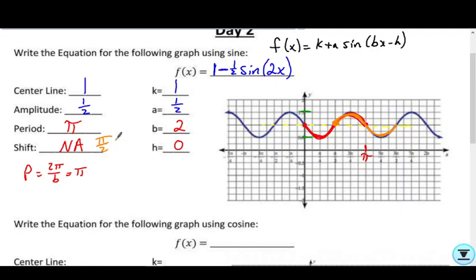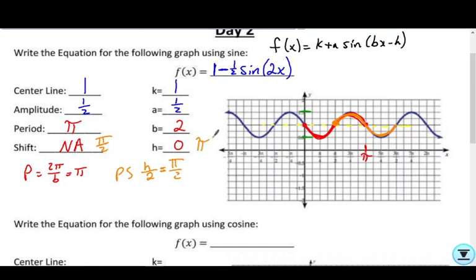Okay, this is if you did it a different way. And that means that if you did a phase shift, then you're going to get h over 2 equals pi over 2, which means h would be pi.